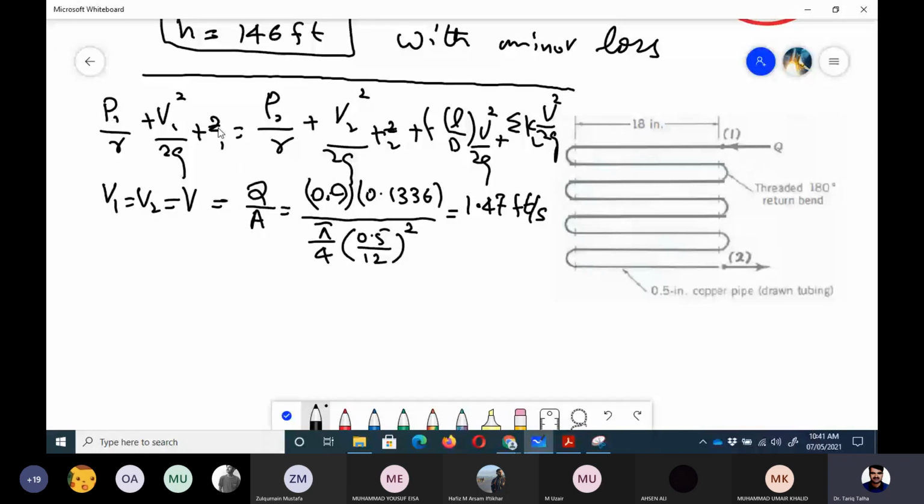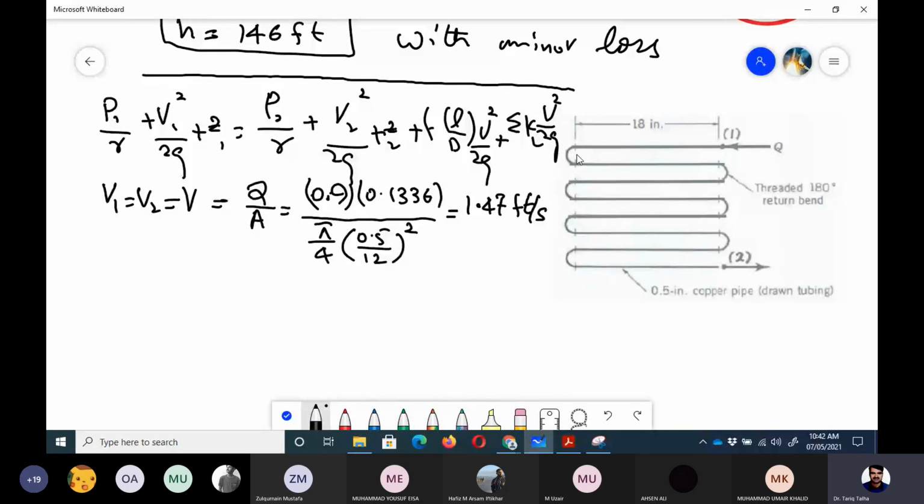Now, what are Z1 and Z2? At the moment it looks like the flow is happening from the top to the bottom, but because there is no mention of height difference, it is highly possible that this is a top view of the heat exchanger rather than the front view.